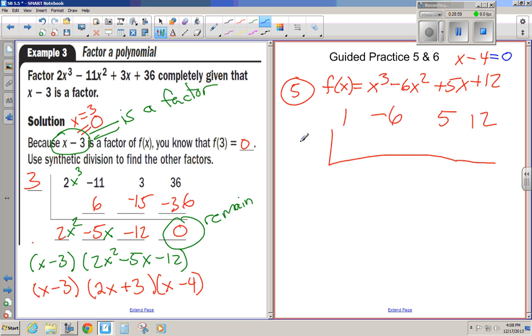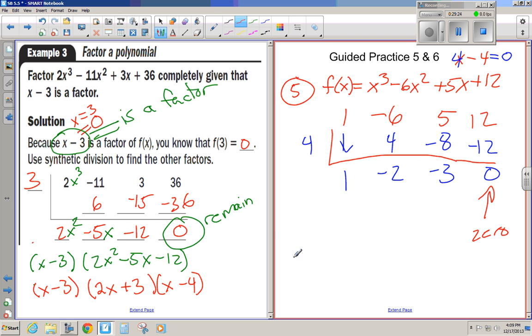And that's the number you put in there. 4 minus 4 gives you 0. So you go about dropping down the leading coefficient, multiplying, adding, multiplying, adding, multiplying, and adding. And since we got a 0 as the remainder, you know that x minus 4 is a factor of this whole thing.